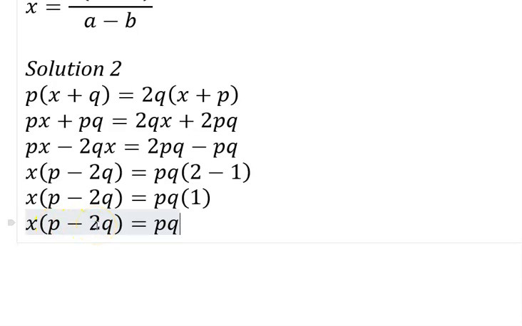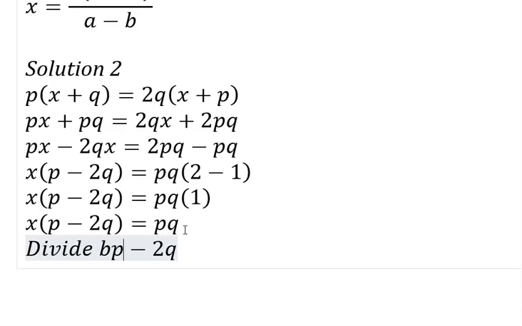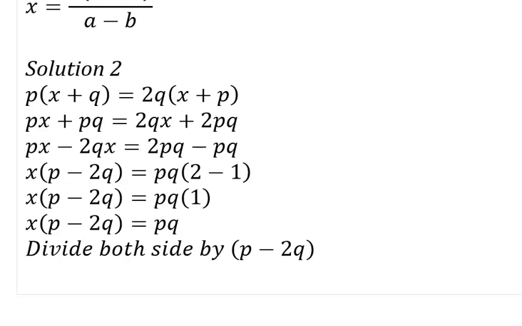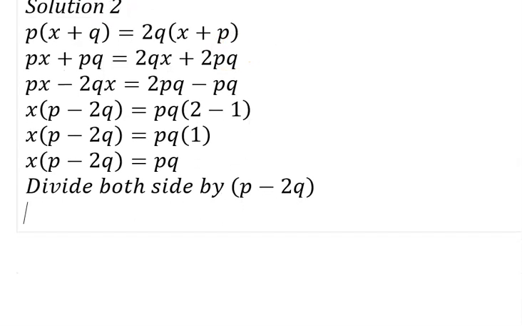P minus 2Q is disturbing our X. So for record purpose, let's divide both sides by P minus 2Q. Awesome. So with that, we are going to get a template to make our job easier.